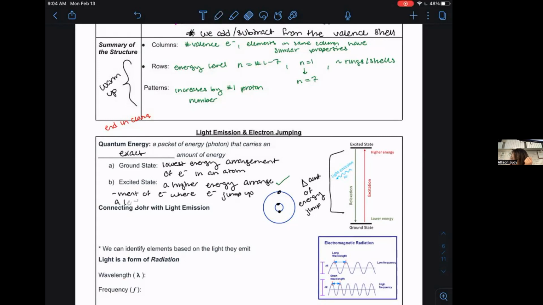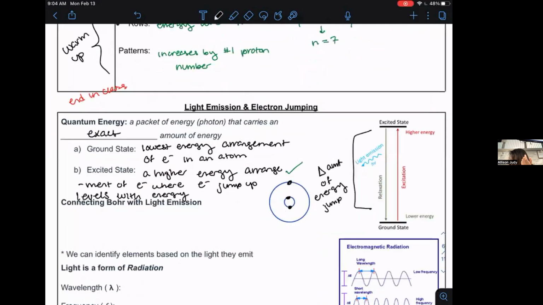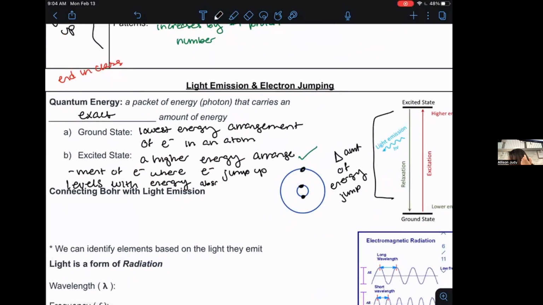It doesn't have to be 1 level. It could be 2. It could be 3. It could be a whole series. But it jumps up levels with energy absorption.